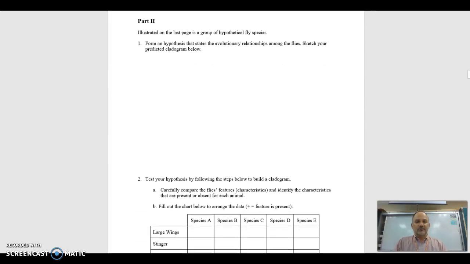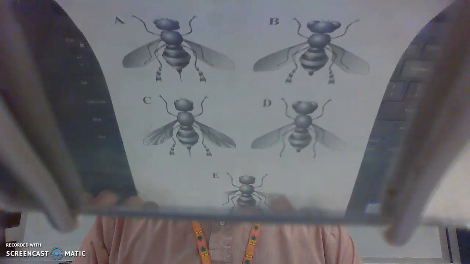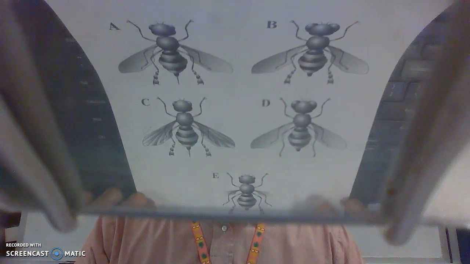Okay, you're back. So the next part of this activity talks about a group of hypothetical fly species and forming a cladogram or a phylogenetic tree that shows how those fly species are related. That's the next part of this, part 2. So the hypothetical fly species looks like this. It's the last page of the activity, and you have 5 fly species.